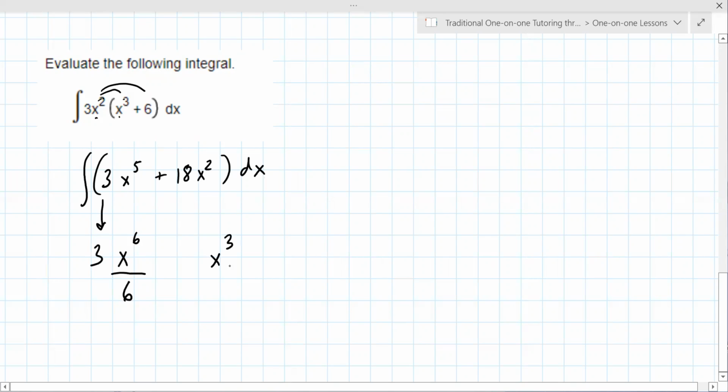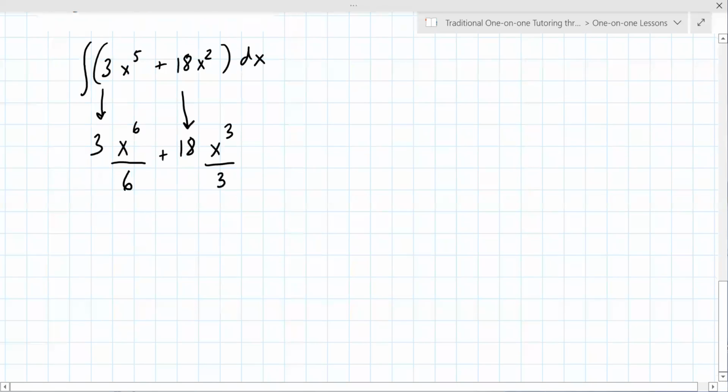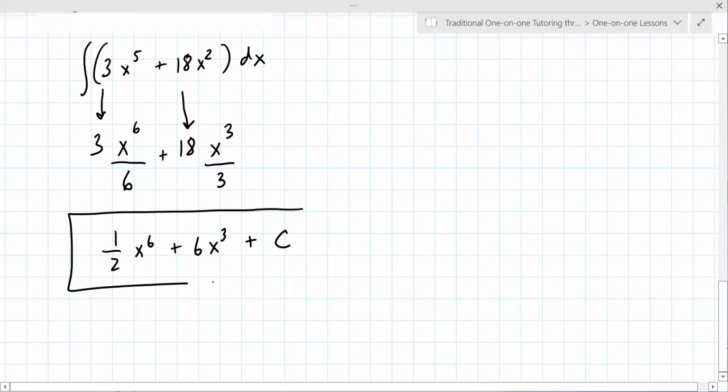X squared becomes x cubed divided by 3. And then you bring the 18 down. So that's 1/2 x to the 6th plus 6x cubed plus C when you reduce.